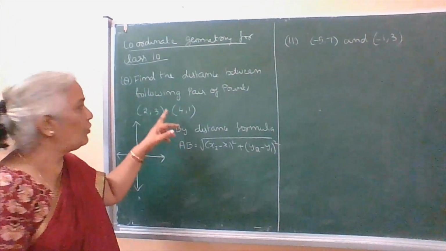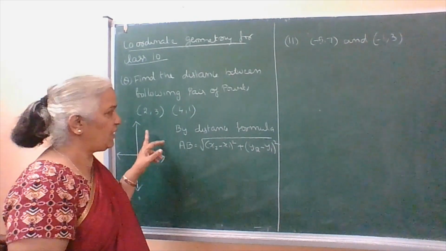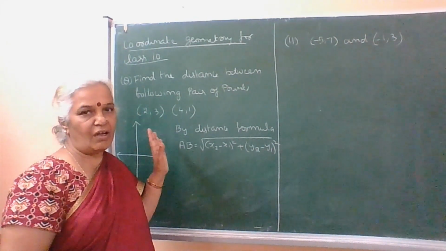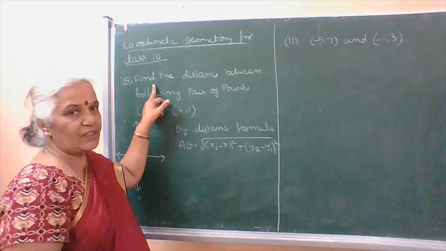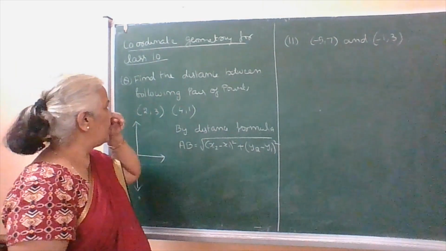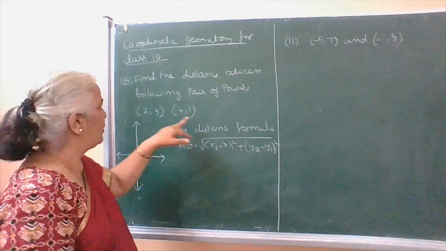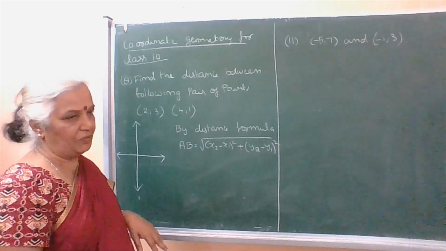Now we are going to find the distance between the points when the coordinates of those 2 points are given. Here the question is, find the distance between the following pair of points (2, 3) and (4, 1).